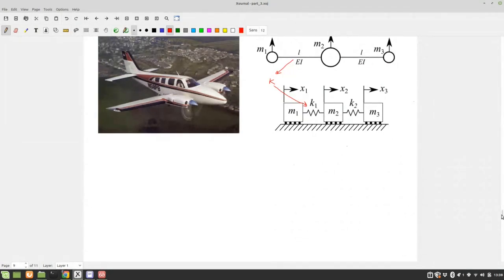Okay, so we can go ahead and model this as we're going to have a system. I guess it was 2M, but whatever. So mass matrix, our mass times 1, 0, 0, 0, 2, 0, 0, 0, 1.